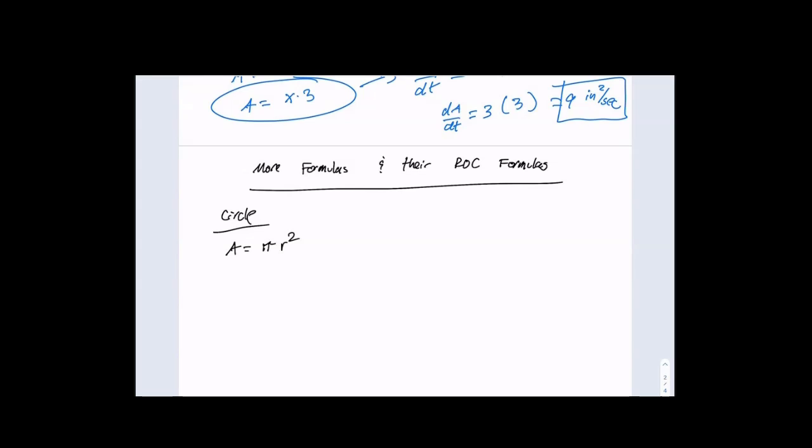So its rate of change formula would be that dA dt is equal to... pi is a constant. And so this is just a power rule problem, or power chain rule technically. How do I take the derivative of pi r squared?